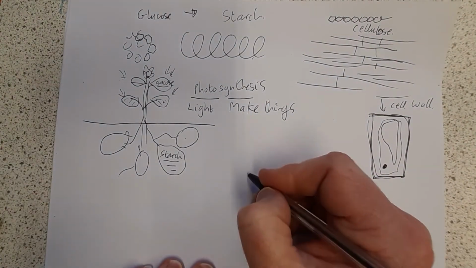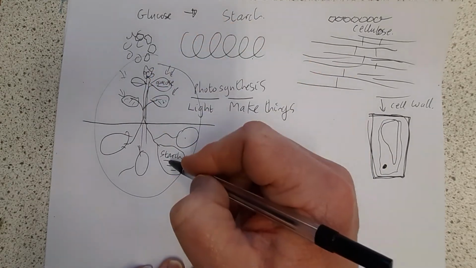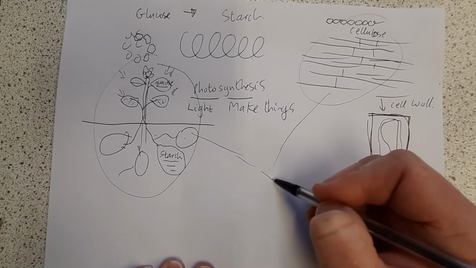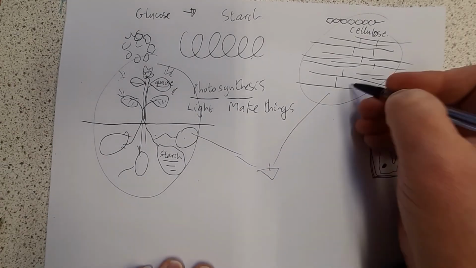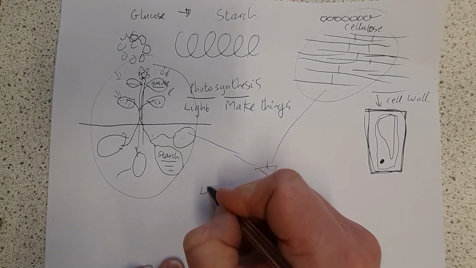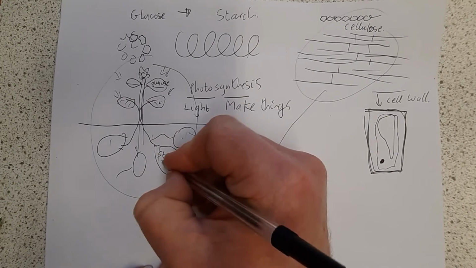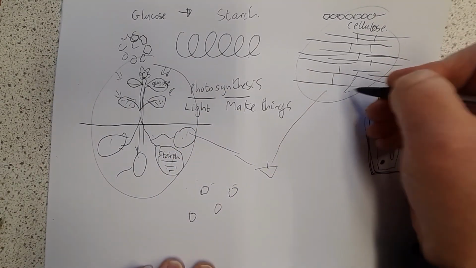And when an animal comes along and eats either the starch or the cellulose in the plant, we digest it, and all of those little bits of glucose get broken up again into sugar. We, as mammals, are pretty good at digesting starch into glucose, but we can't really deal with the cellulose.